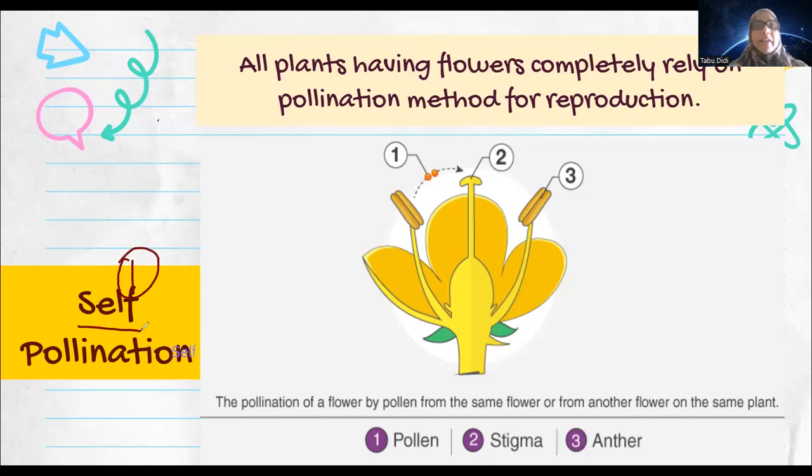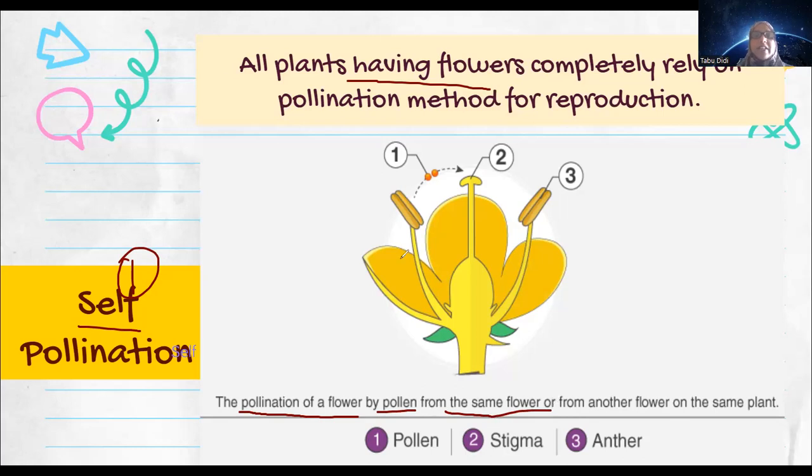Now from the word you will be able to get an idea of what we mean by self-pollination. All plants having flowers completely rely on the pollination method for reproduction. Okay, in self-pollination, there is pollination of a flower by pollen from the same flower.